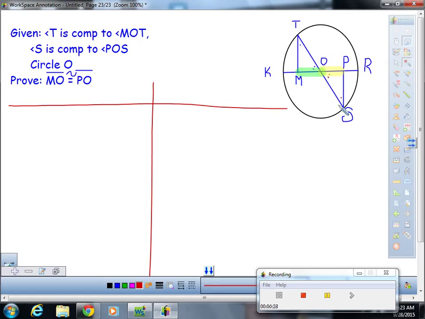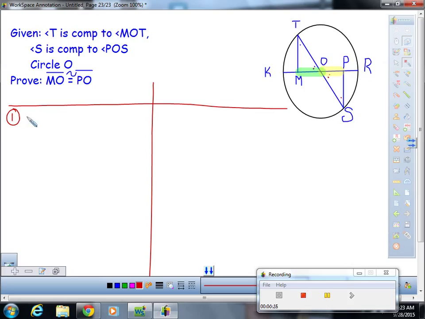I also know that these angles are congruent to each other because they're vertical. Ooh, and then I'm going to be able to use congruent complements. And I think this is going to be an ASA proof, and then CPCTC. So I have just done the proof in my head before I even started. That's the key as you move forward to doing these. You got to solve them backwards before you get started, and then rewrite them forwards.